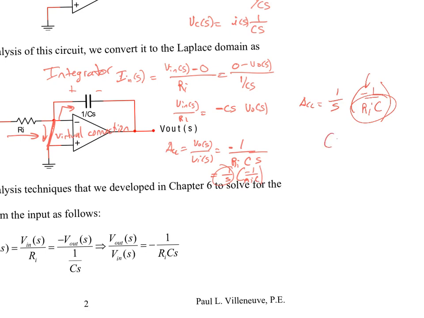So what you can do is pick C equal to 1 microfarad. What would the R need to be equal to? 1 meg, right? 1 times 10 to the minus 6 and 1 times 10 to the 6 cancel each other out, and you end up with a gain of 1. So you can build a real-world integrator just by picking your R's and your C's properly.